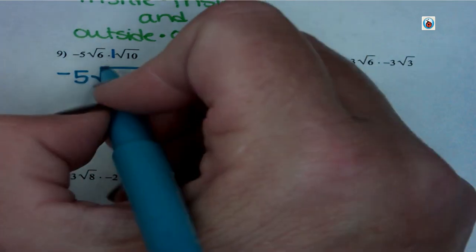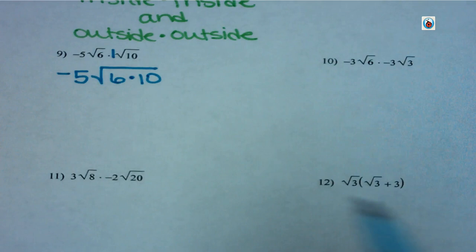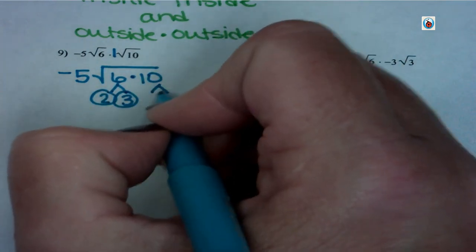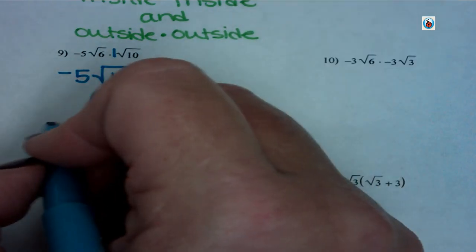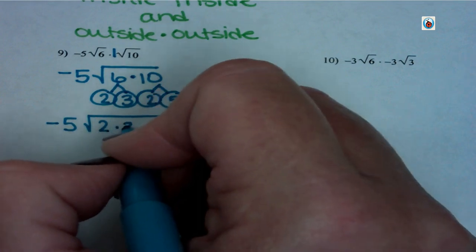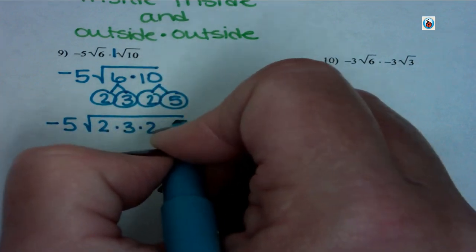Square root. Now we're going to multiply our inside. I'm actually not going to multiply it. I'm going to leave it as 6 times 10. And then we're going to break them down. So 6 becomes 2 and 3, both prime. 10 becomes 2 and 5, both prime. So now I'm going to rewrite this. We have negative 5 radical 2 times 3 times 2 times 5.